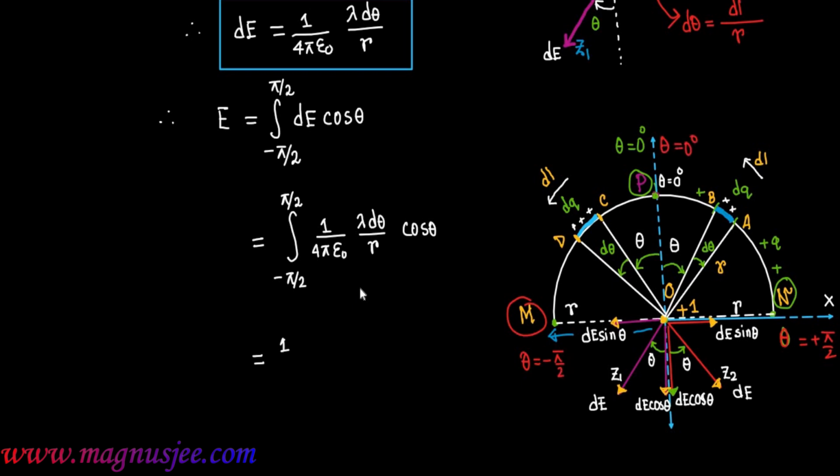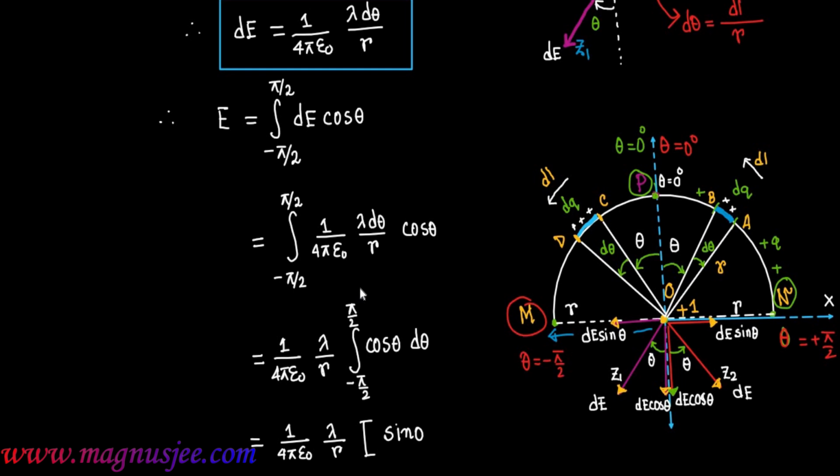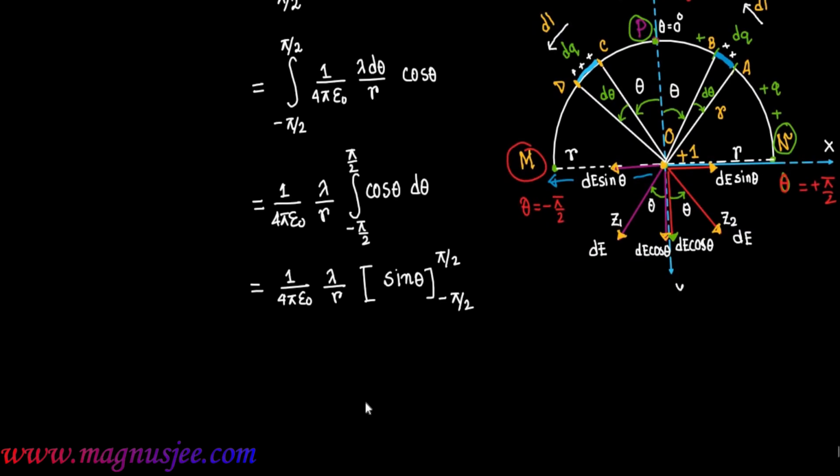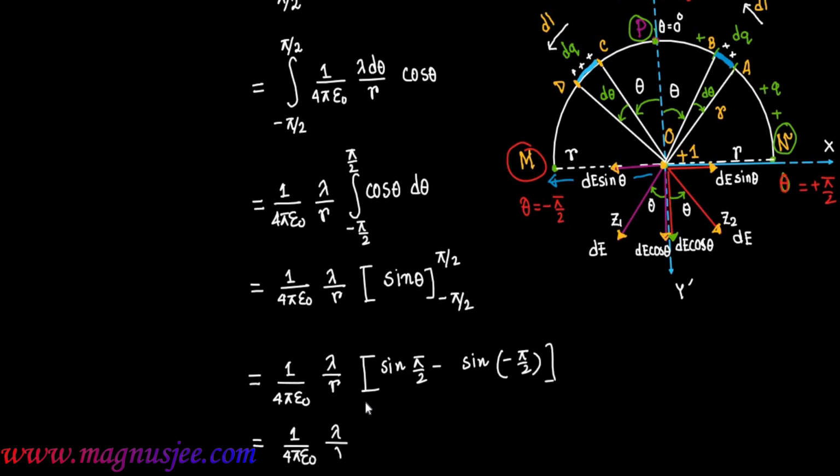So at the point P on the y-axis, θ was 0 degrees. Now, E equals 1/(4πε0) λ/r times the integration from minus π/2 to plus π/2 of cosθ dθ, equal to 1/(4πε0) λ/r. The integration of cosθ dθ becomes sinθ in brackets from minus π/2 to plus π/2, equal to 1/(4πε0) λ/r [sin π/2 minus sin(minus π/2)]. Sin π/2 is 1.